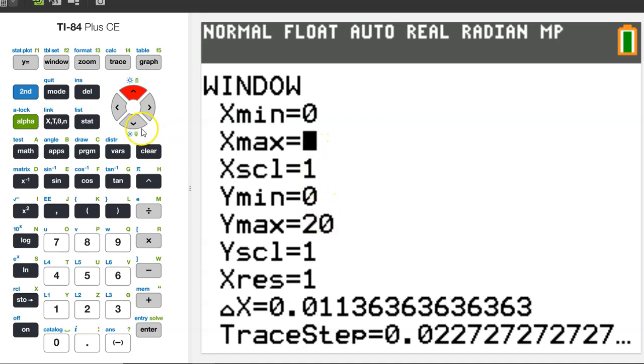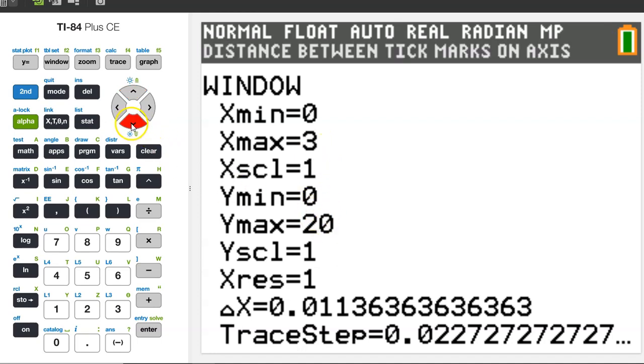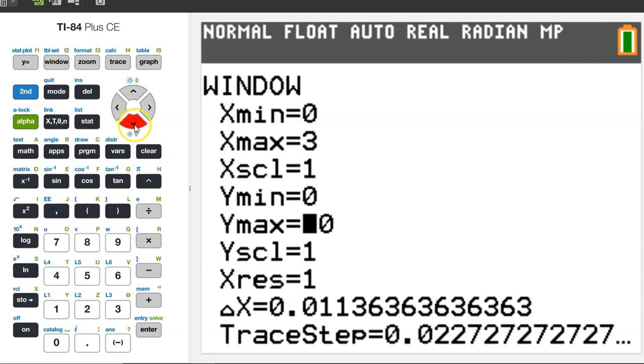As far as the y max, we don't know how many cars we're going to be dealing with. I think I'm going to put 10. I very often will just put 10 as a starting point. We can always adjust this later. So let's hit graph and see what we've got.